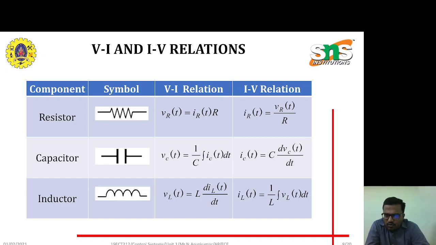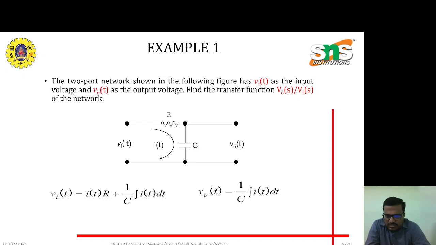But in the current to voltage relation, the value changes to a differentiation, because we calculate the current across the capacitor: we write C into dVc by dt. So the integration part can be replaced by the differentiation part. These are some basic properties of the voltage to current and current to voltage relations for parameters like resistor, capacitor and inductor.